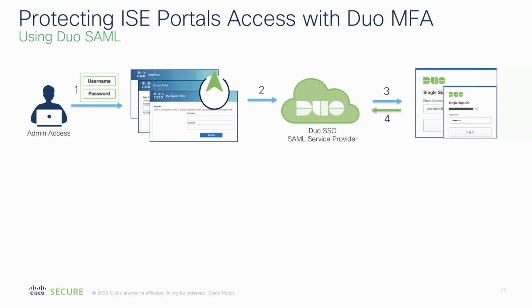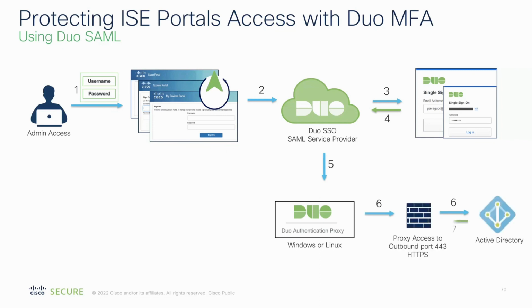Whenever you're trying to access the sponsor portal, My Device portal, and guest portal, you're going to get redirected to the Duo service provider, wherein you're going to actually enter the credentials. The credentials are going to be validated, and once they are, it sends it to the Duo Authentication Proxy, and the Duo Authentication Proxy is going to actually send it for the authentication.